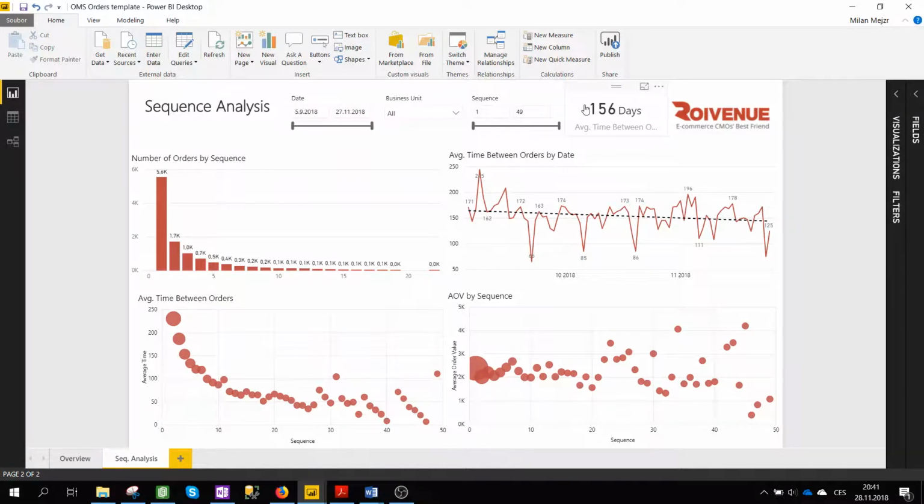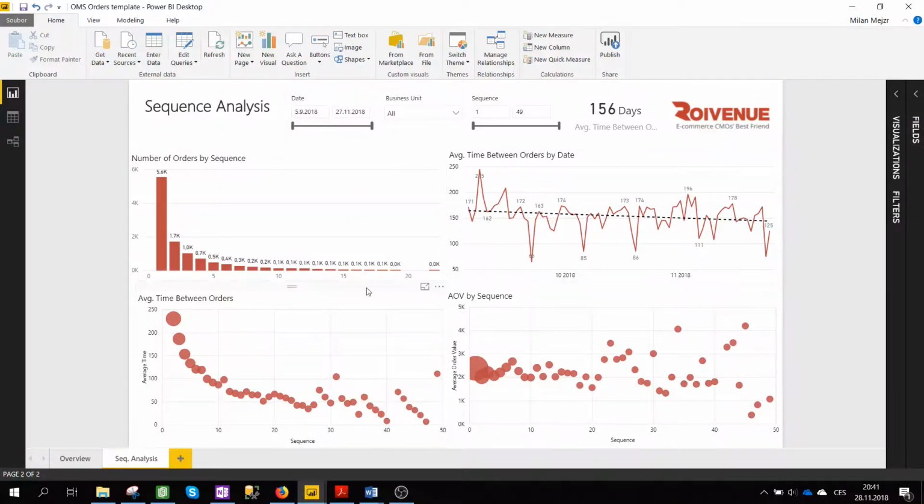Then we have some KPI. This is average time between orders. It's in this case 156 days. That means that time between orders is 156 days. Let's give an example. If I buy today, probably I would buy the next order in 5 months.